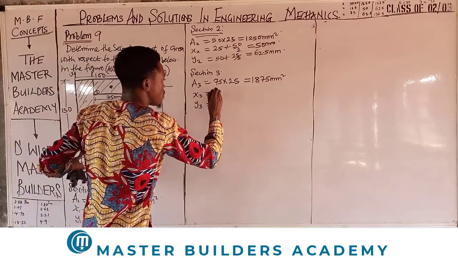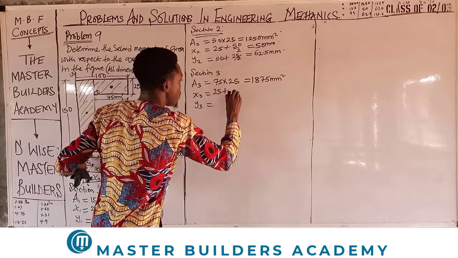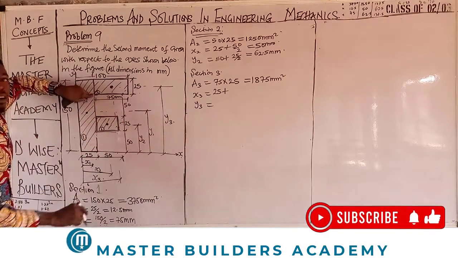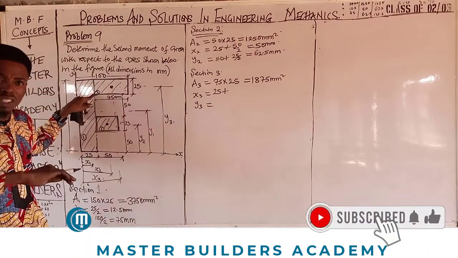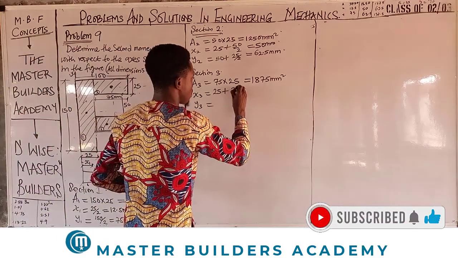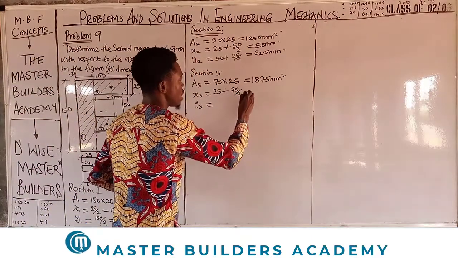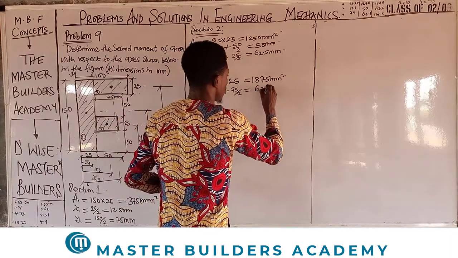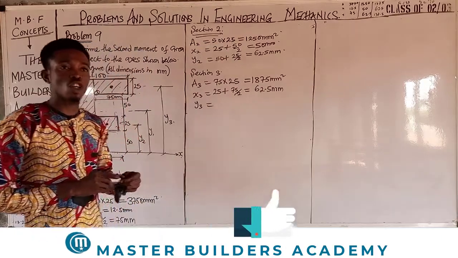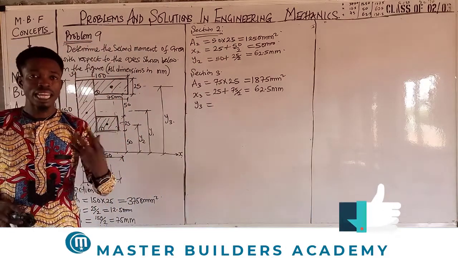So you put down 25, then get half of the horizontal distance of section 3, which is 75. This gives 75 over 2, and this equally gives 62.5 mm as the centroid of section 3 in the x direction.